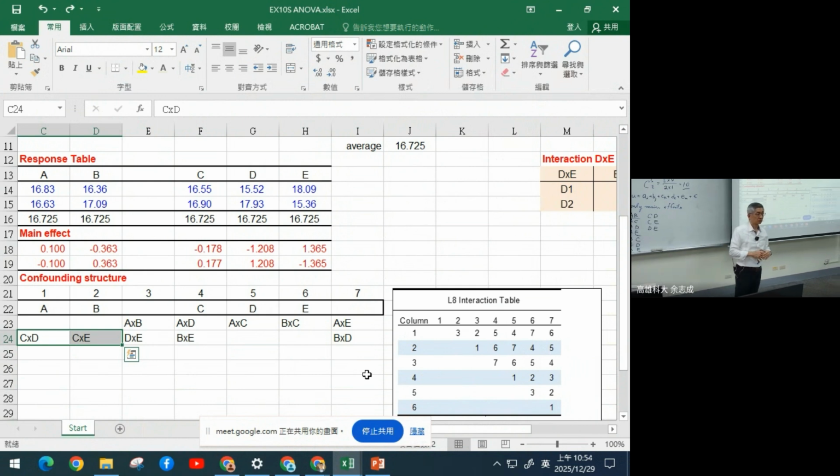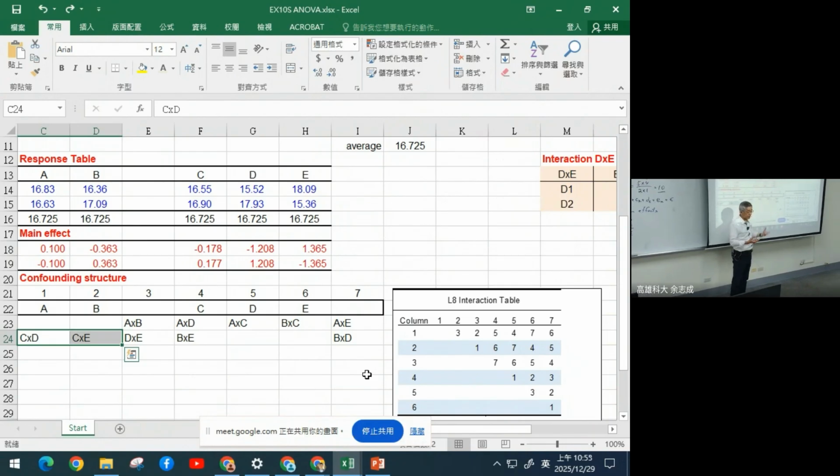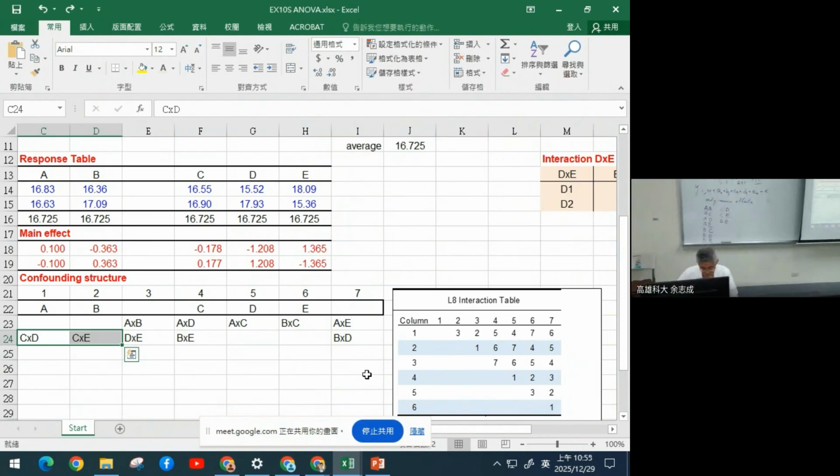Therefore, we shouldn't be able to estimate the interaction effects, because if there is any important significant interaction, it will make the estimation of the main effects biased or incorrect. Therefore, there will be some assumptions.